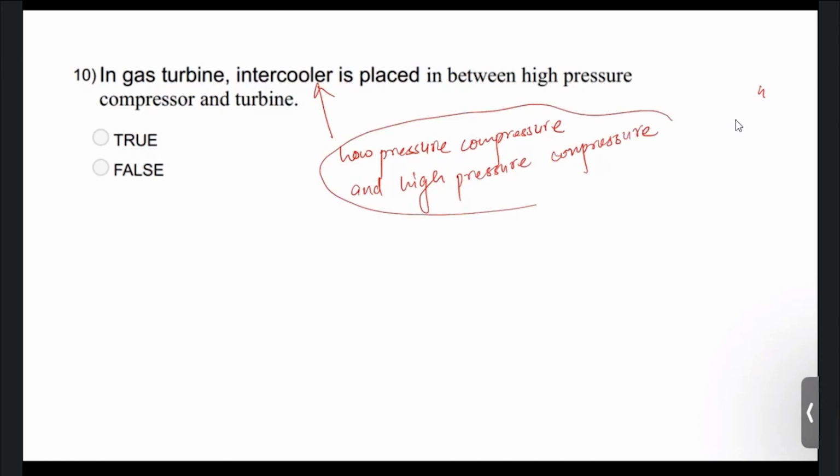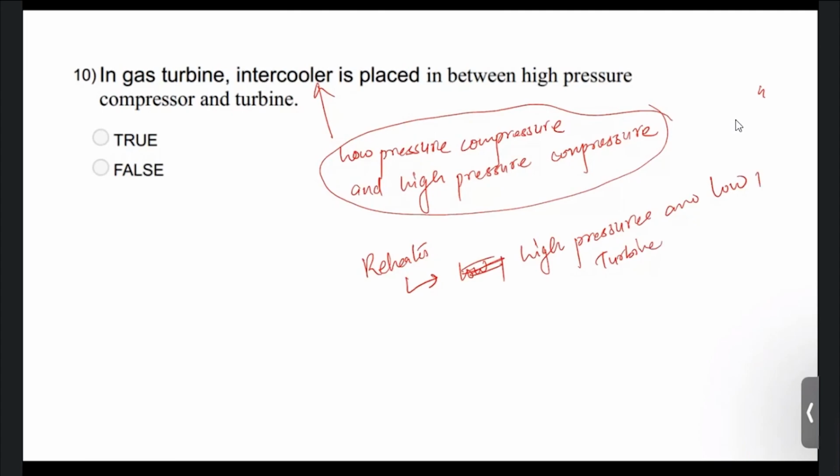Okay, and the reheater is always placed between the high pressure turbine and the low pressure turbine.